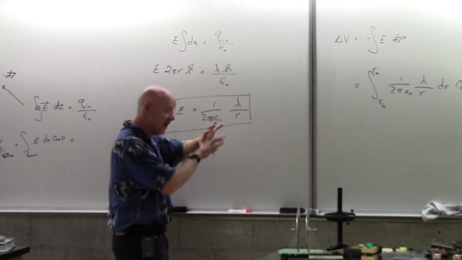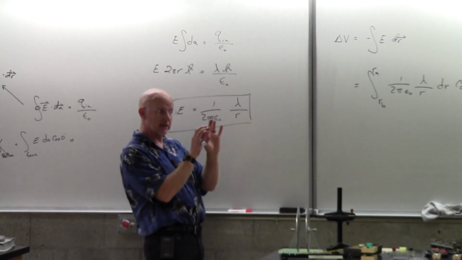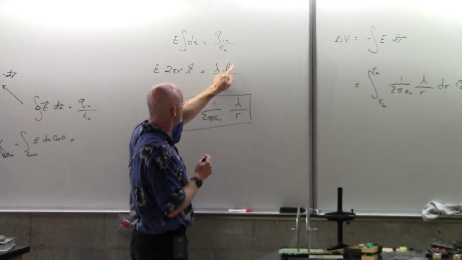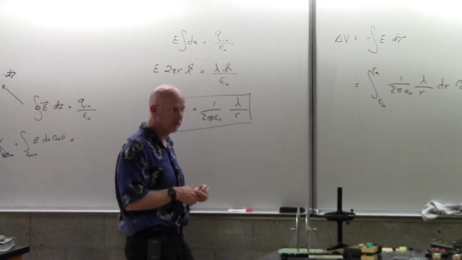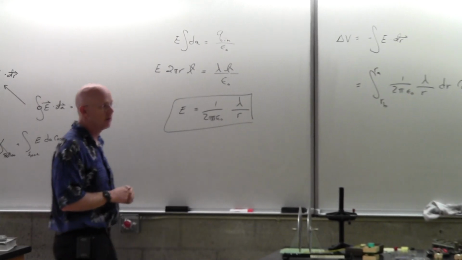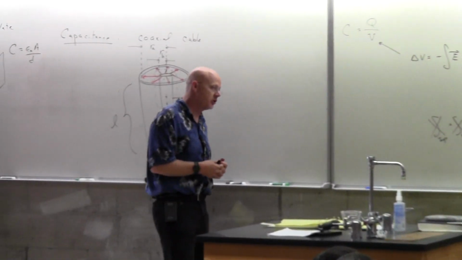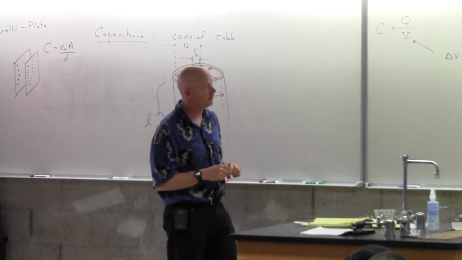If I had a big surface inside there, which you might argue that I technically do, I would then use an area here, and so then I would use my sigma. But it's a conductor, so where is the charge? It's on the surface.